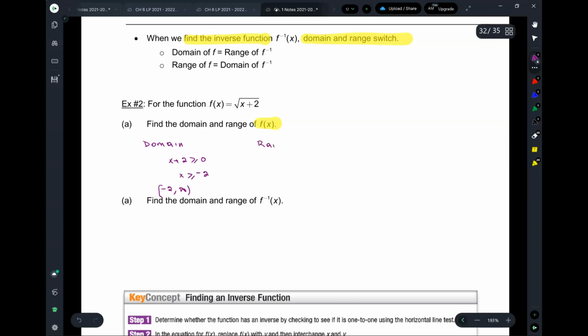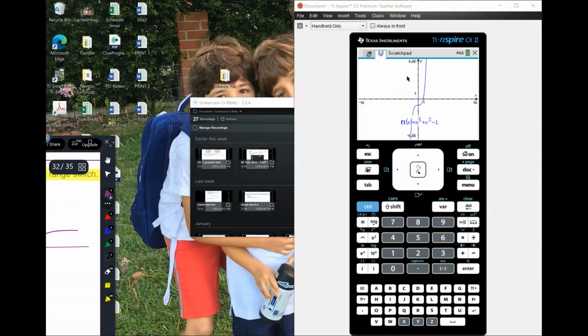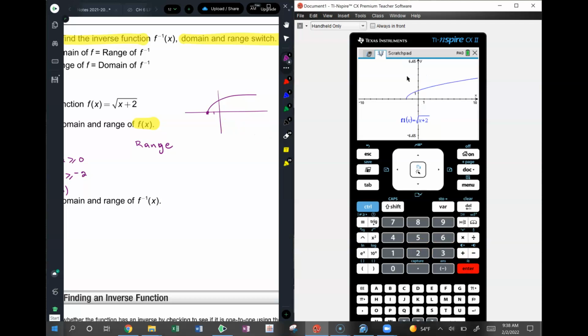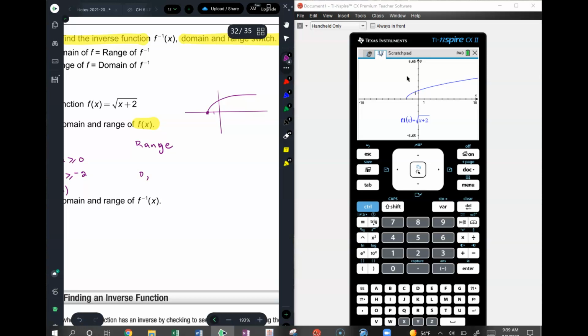Okay. The range, right? We can look at it in a couple of different ways. When I graph this, what will it look like? This. Okay? Let me graph it on the calculator. Let's graph it. Root x plus 2. What's the range of it? 0 to infinity. Okay?